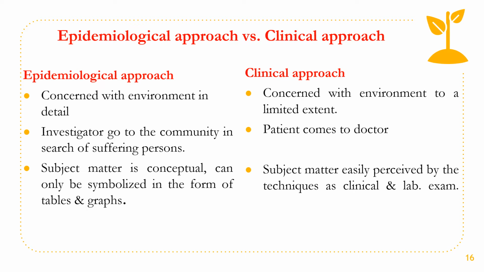But in the clinical approach, the subject matter is easily pursued by techniques such as clinical lab examination. Like you can check: this is the hemoglobin count, this is the body temperature, this is the respiratory rate. So these are the clinical signs. But in epidemiology, you can only give the tables and graphs of who is affected, which area is affected, the geographical location, like that.